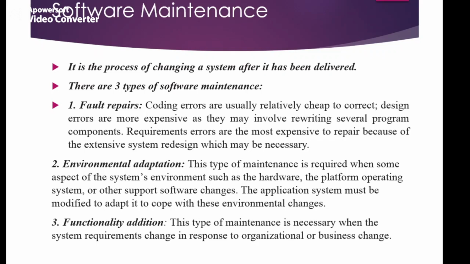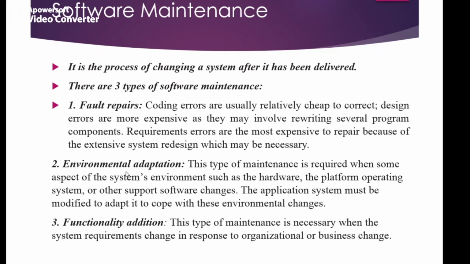If you make changes in the requirements, like modifying one, adding a new requirement, or correcting an error, you again have to change the design, then change the coding, then test your system again. It is a lengthy process and more expensive, so extensive system redesign is needed.